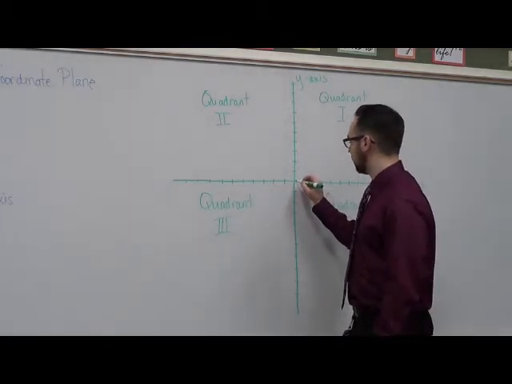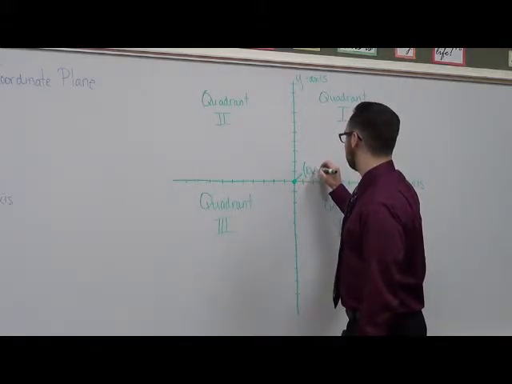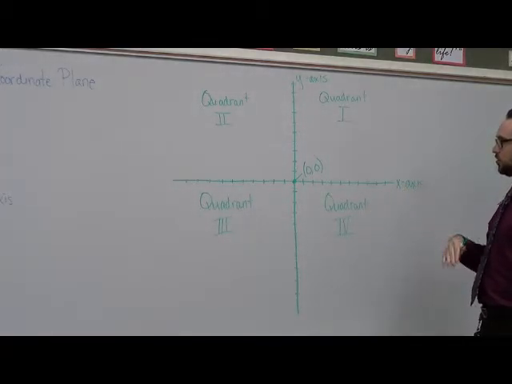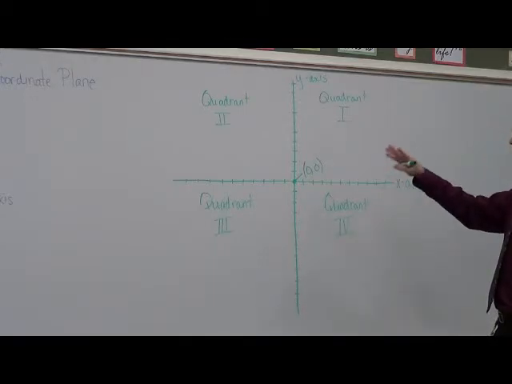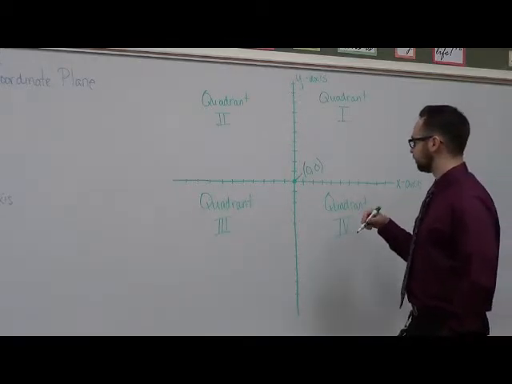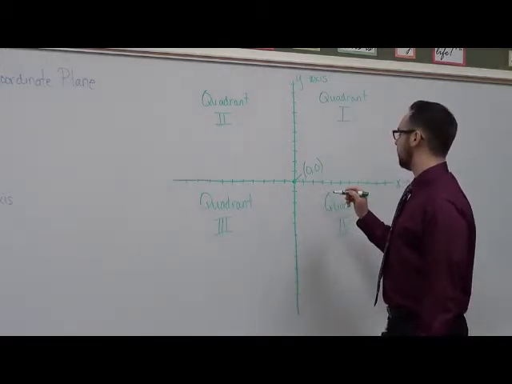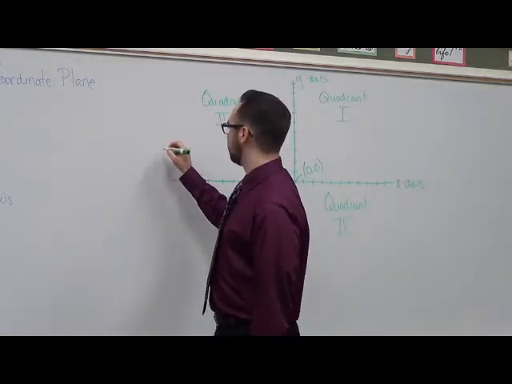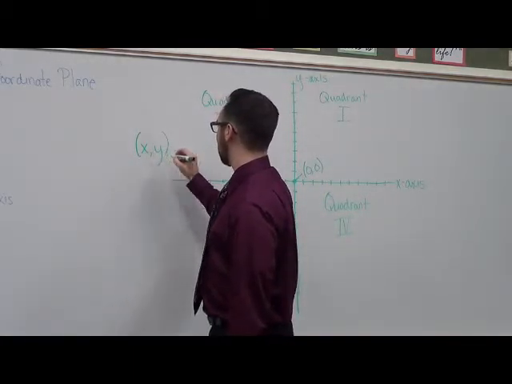Again, we have our origin here in the middle, and we label that as (0, 0), because it's no x's and no y's. And then to label any ordered pair, for instance, if I gave you the pair (5, 4), 5 is the x value. So if we're looking at points, it's always going to go x and then y.